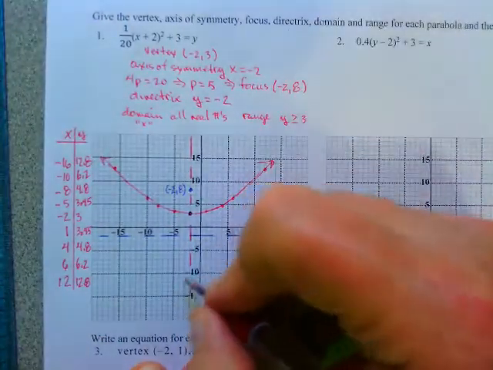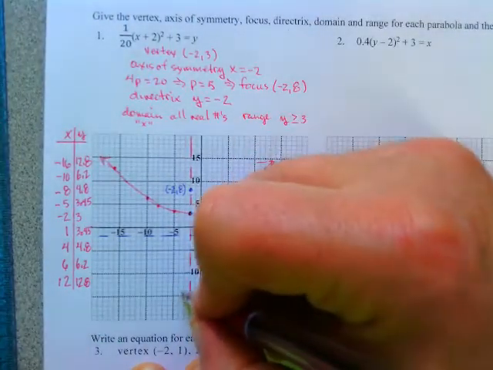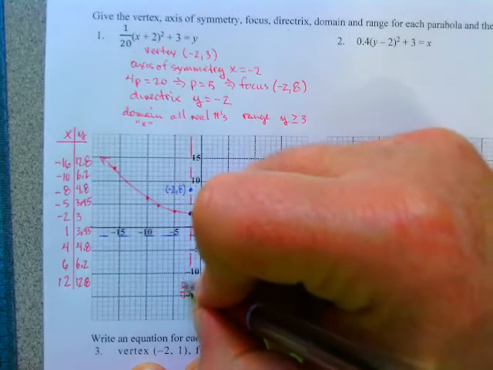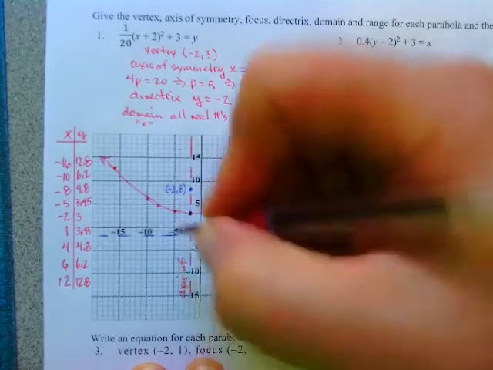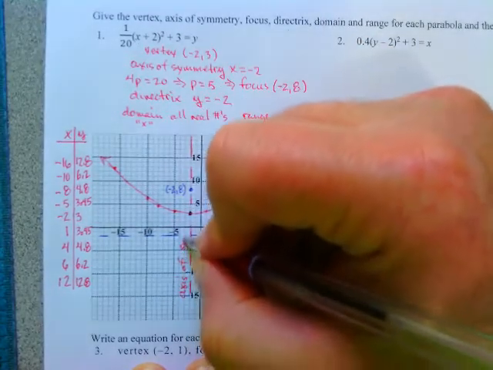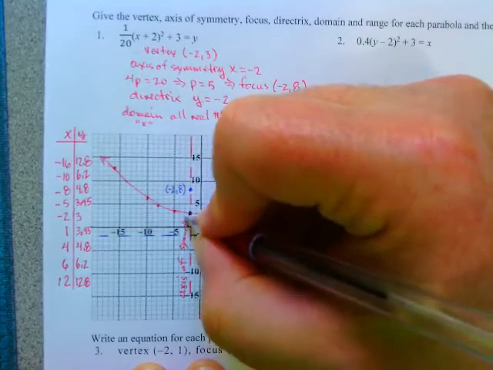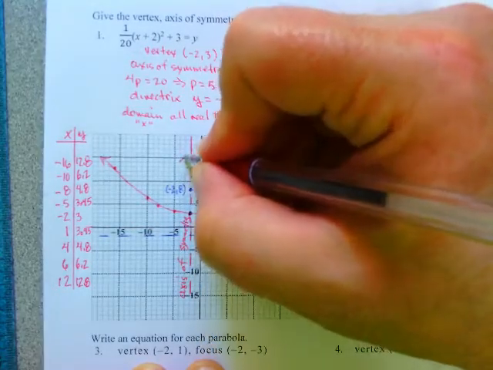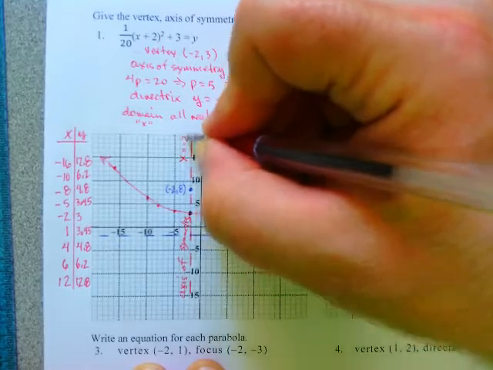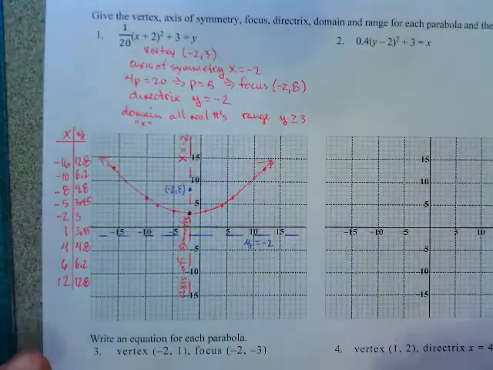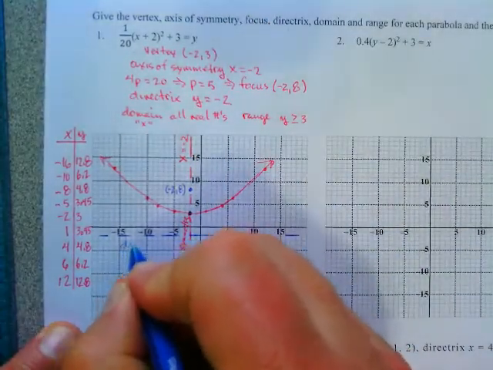And this one is the axis of symmetry, and it's at x equals negative 2, and I should say this is the directrix.